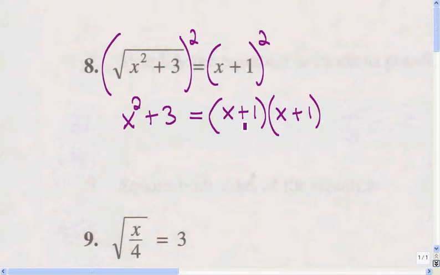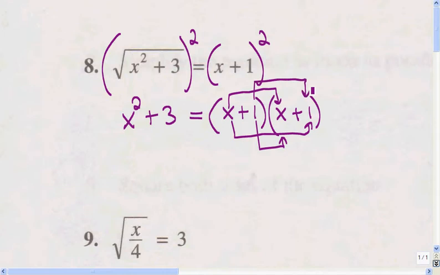Okay. And the way I multiply this out is I multiply the first term with everything in the second parentheses, and then the second term with everything in the second parentheses. So let's do the first term. X times x is going to be x squared.